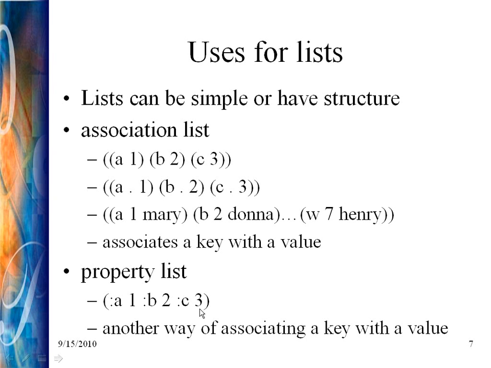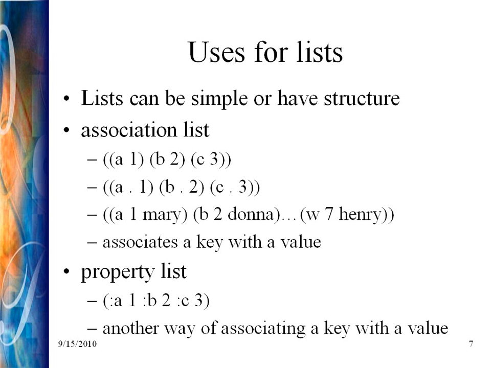A property list is somewhat simpler. It's just a simple list with a key, value, key, value, key, value. So the keys here are keyword symbols, the keywords :A, :B, and :C, and the values are 1, 2, and 3. And property lists are used all throughout Lisp.